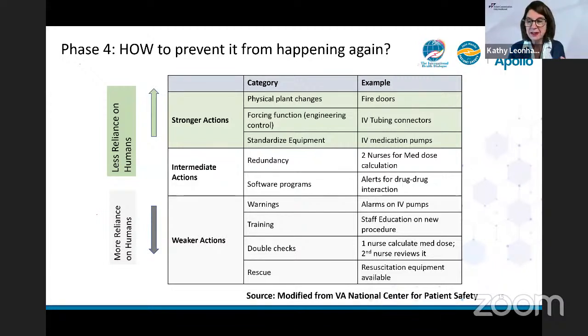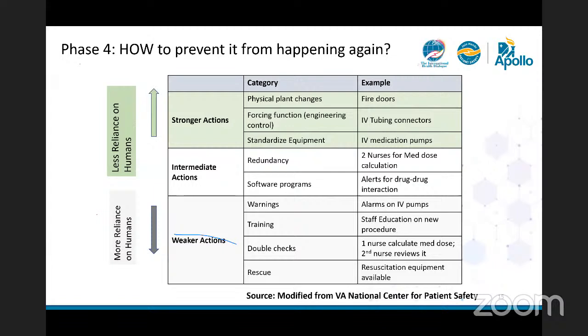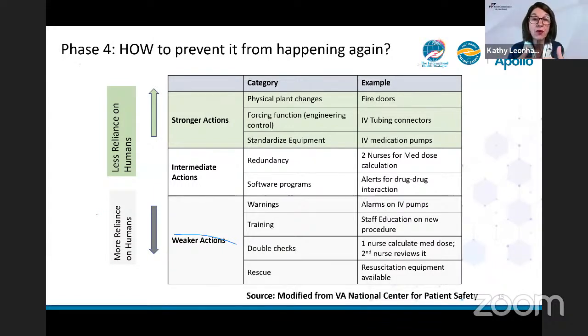We put in these solutions, actions, interventions, whatever term you like to use. And the rule of thumb, if you will, is that stronger actions are better than weaker actions. Stronger actions, as indicated in the top 3 rows, are those that have less reliance on humans: things like physical forcing functions and engineering controls.